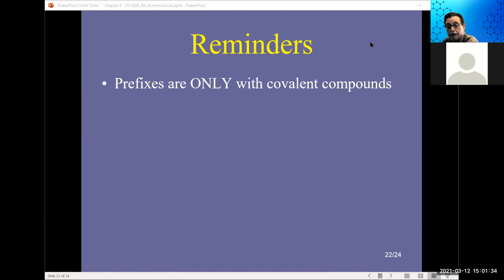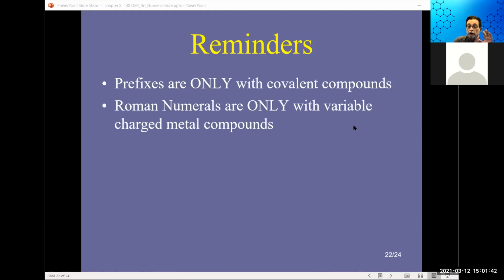A few reminders. Prefixes are again only for covalent compounds. Roman numerals are only used for those metals, ionic compounds, that have a variable oxidation number. If they are part of the 16, no Roman numerals.